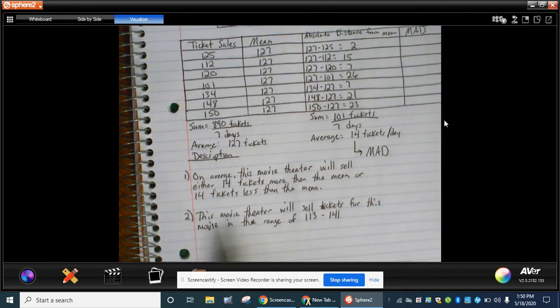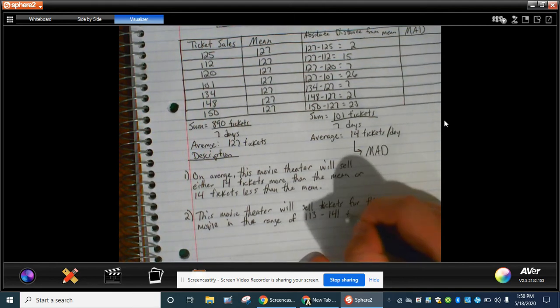So this movie theater will sell tickets for this movie in the range of 113 to 141 tickets.